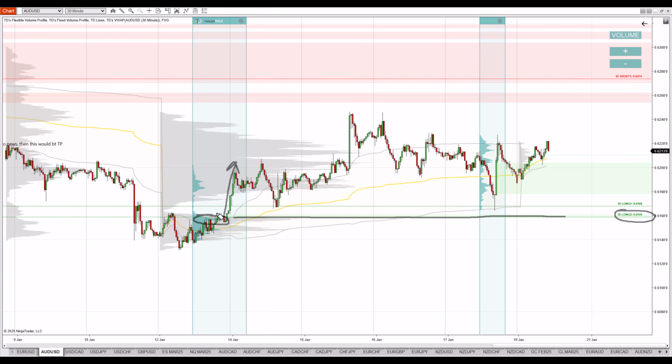Those heavy volumes represent the buyers, and if the price comes to this level, chances are that there'll be a reaction. So ideal scenario would be pullback to the first support, reaction, then pullback to the second support, reaction. If I get stopped out on the first level, this one, then I'll enter the second one like this.